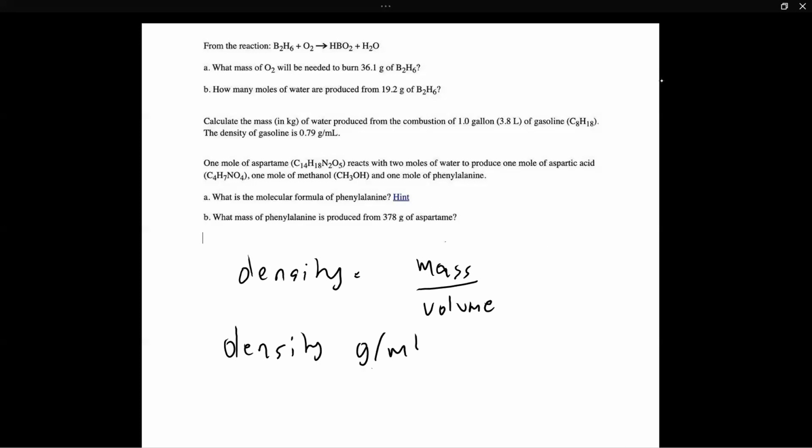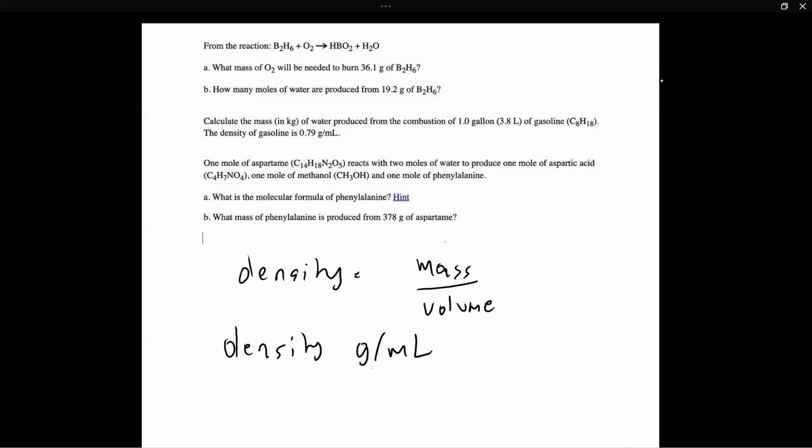Now, the first thing that you need to understand is that the formula for density is equal to mass over volume. And in this case, they have told us that the density is in grams per milliliter.